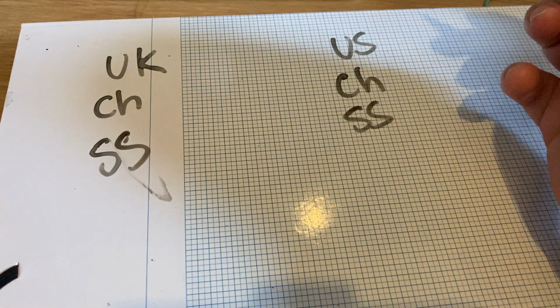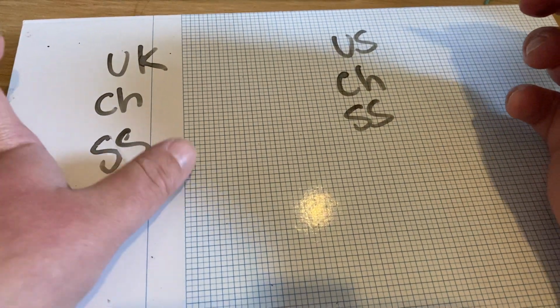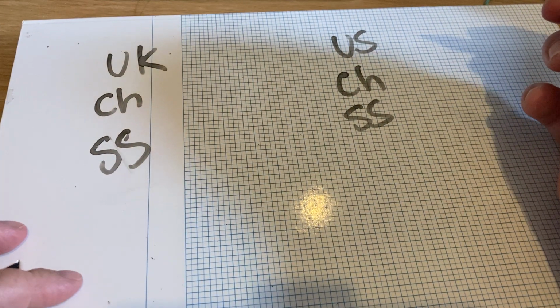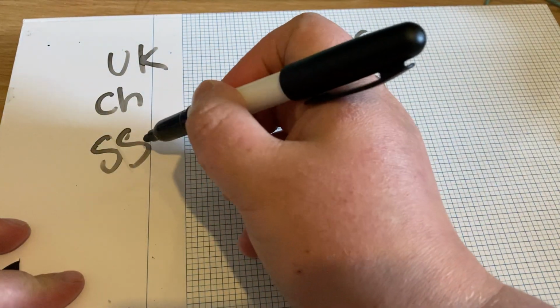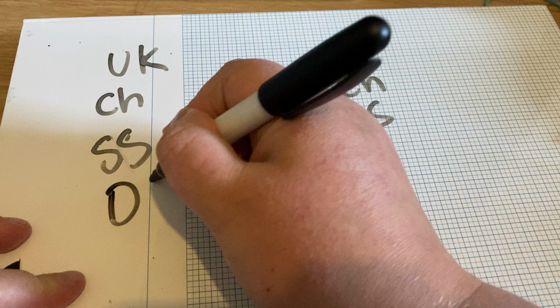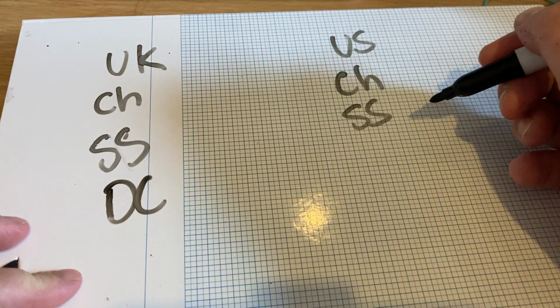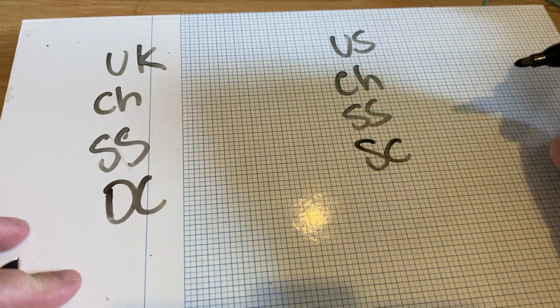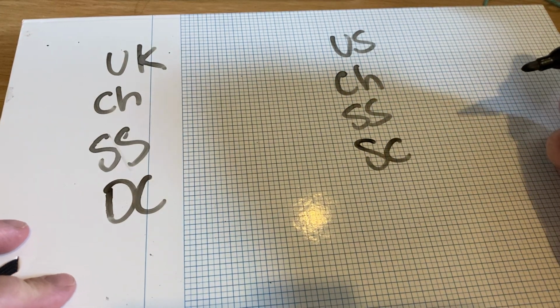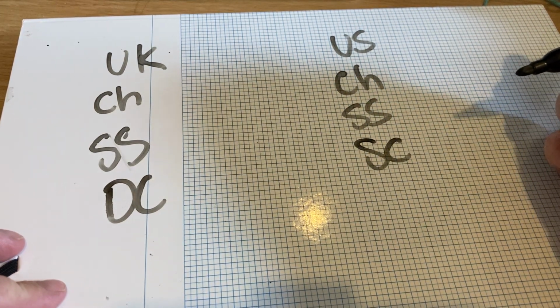Same in the US. Now it gets really silly. The UK goes from your slip stitch straight to your double crochet, whereas in the US they call it a single crochet. Can you sense a theme?